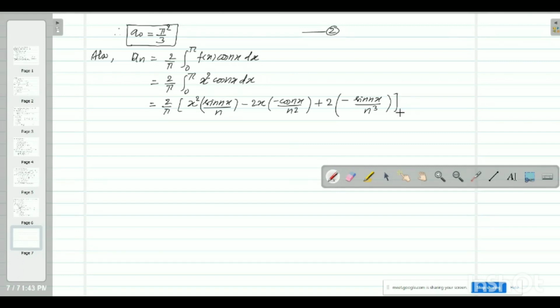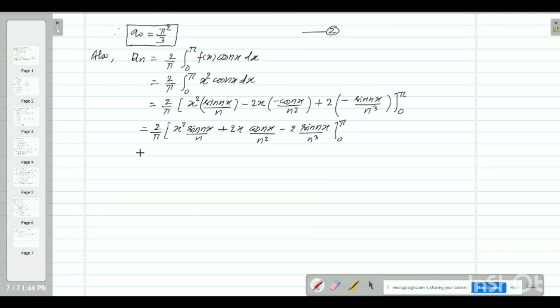Now providing limit 0 to pi. So this is equal to, I am just simplifying the bracket, then we will apply the limit. So 2 by pi into x square sine n x by n, minus minus goes plus 2x cos n x by n square, here minus 2 times sine n x by n cube, and providing limit 0 to pi.